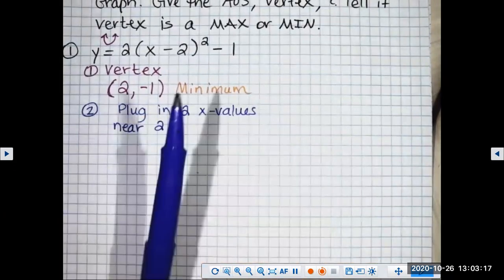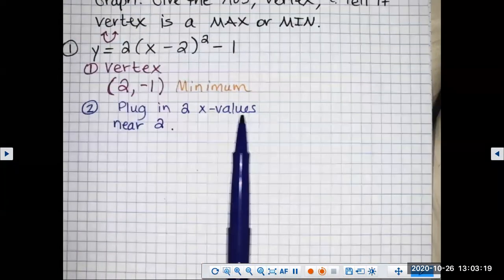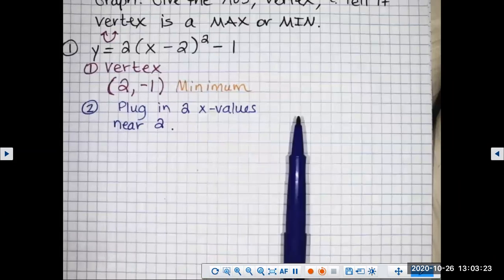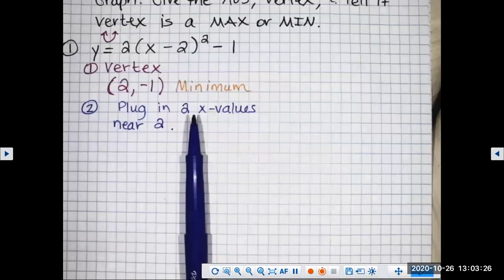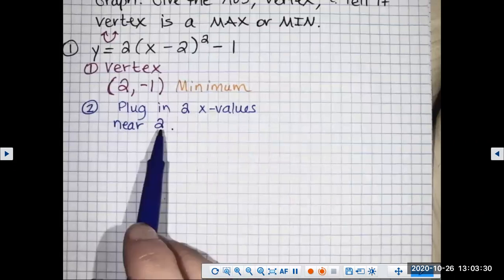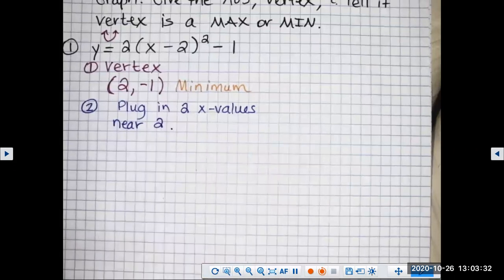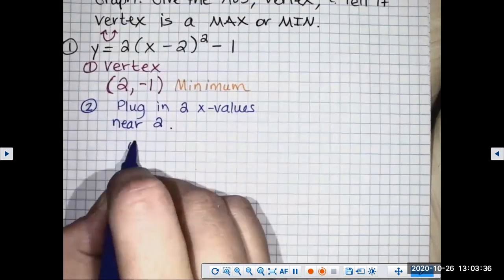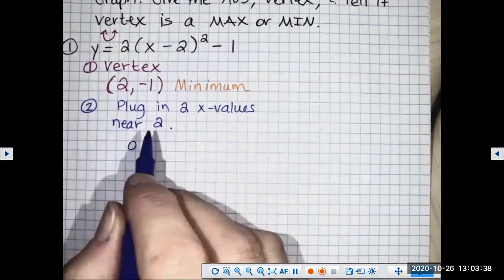Because the vertex point I know is halfway, I either want to plug in 3 or plug in what? Yeah, you would either want to plug in 3 or 1. So let's say that I want to plug in 0 and 1.